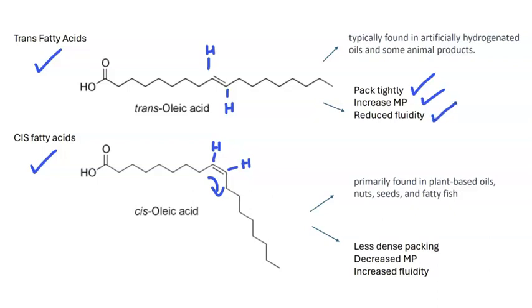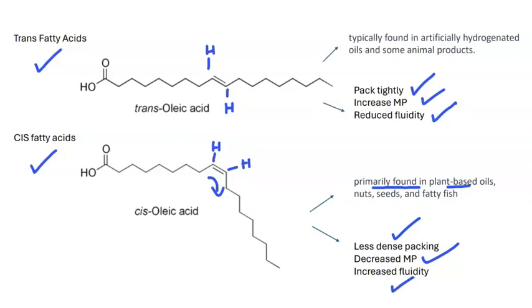And so, in comparison with the cis fatty acid, primarily found in plant materials, with the decreased melting point, they tend to be liquid at room temperature. They are way less dense, tightly packed, and the membranes have increased fluidity.